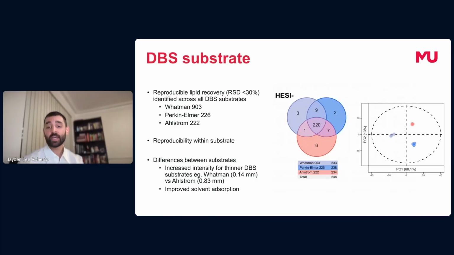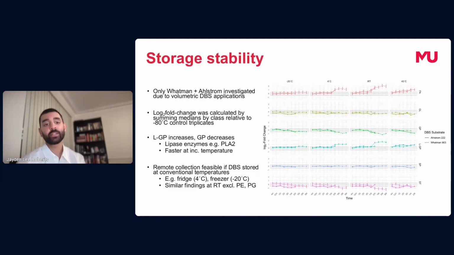We then wanted to have a look at storage stability, and to do this, we took the 2 most common cards used in advanced microsampling devices, investigating them under real-world conditions to see their performance up to 3 months of storage time for lipidomics.